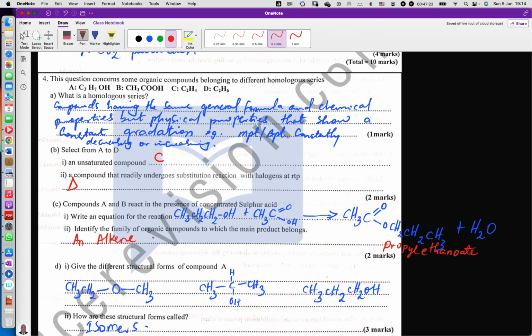Identify the family of the organic compound to which the main product belongs.